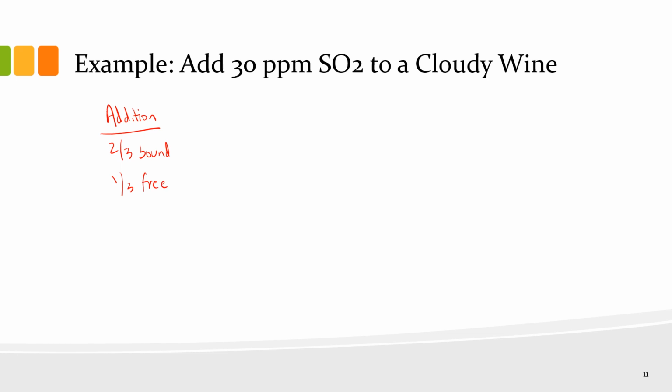So we add 30 parts, and we know that 2/3 of that will be bound. So we expect, we don't know, we guess, we make an educated guess that 20 parts per million, or 2/3, will be bound, and 10 parts per million will remain free.